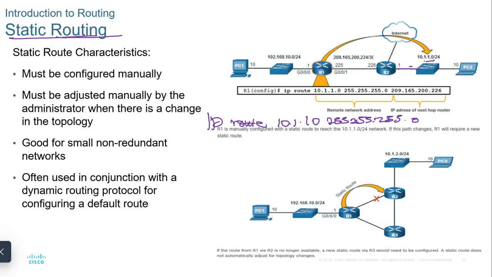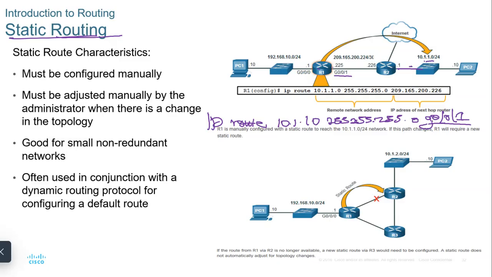But now, which direction should the router use to reach that network? We can either use the exit interface, G0/0/1.